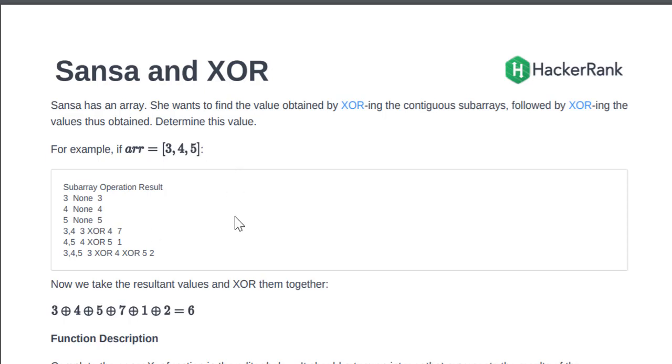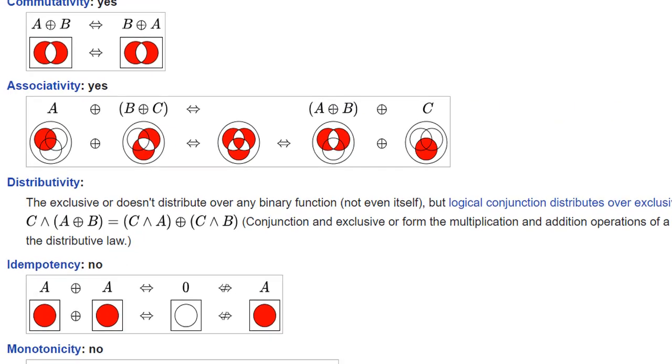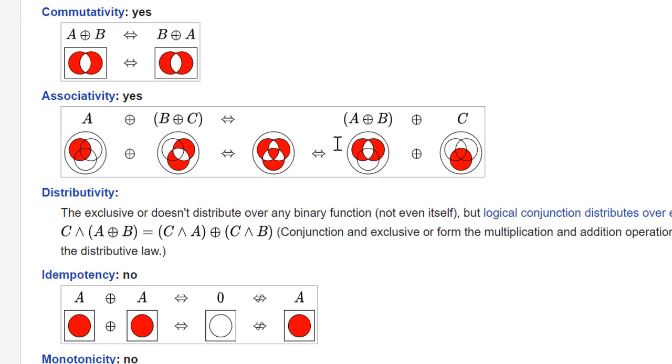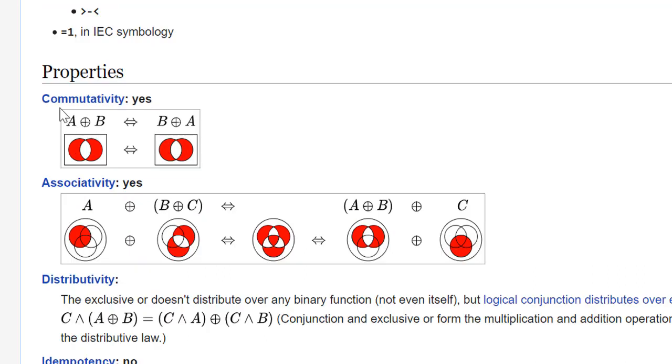So this is where we apply the property that I was telling you before. We have properties of exclusive OR. We have commutativity. It means that A XOR B is equal to B XOR A, but that doesn't matter for this problem.